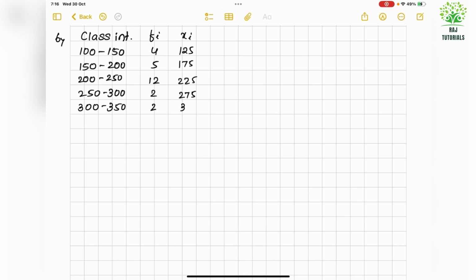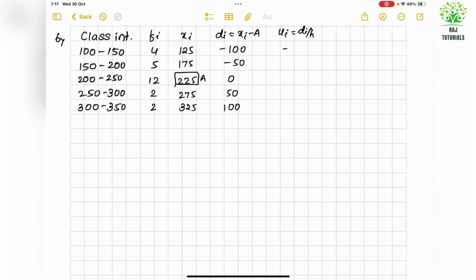275 and 325. Now I am taking 225 as a, and now I am finding di. So di will be xi minus a. So 125 minus 225, so minus 100, minus 50, 0, 50 and 100. Now ui equals di by h, or I can use xi minus a upon h.